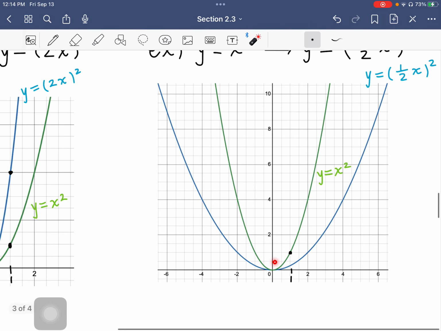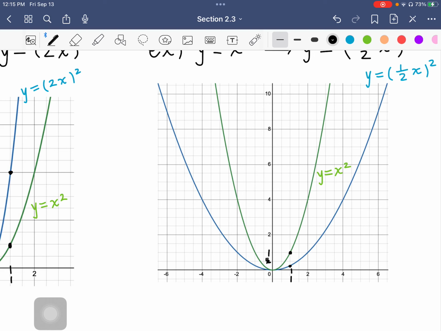This line here is about 1, so this one's probably about 1/2, so it makes sense that our point is half of that, 1/4. So this point becomes this point because we're stretching this graph in this direction, horizontally. And if we did that to every single point on our parabola, we would get this blue parabola here.